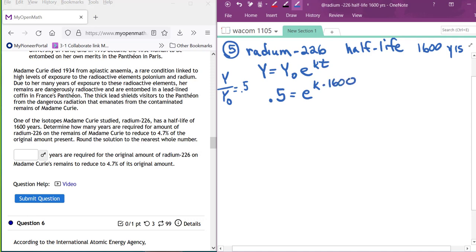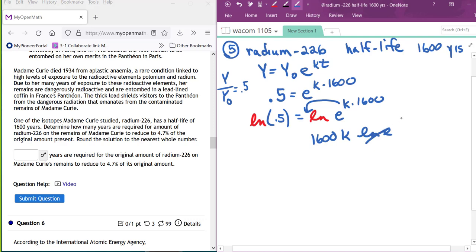So we're going to take the natural log of both sides because we want to solve for an exponent. The natural log makes it come down. So we're going to do natural log, and we'll do natural log over here, of 0.5, and this will come down. ln of e is 1.